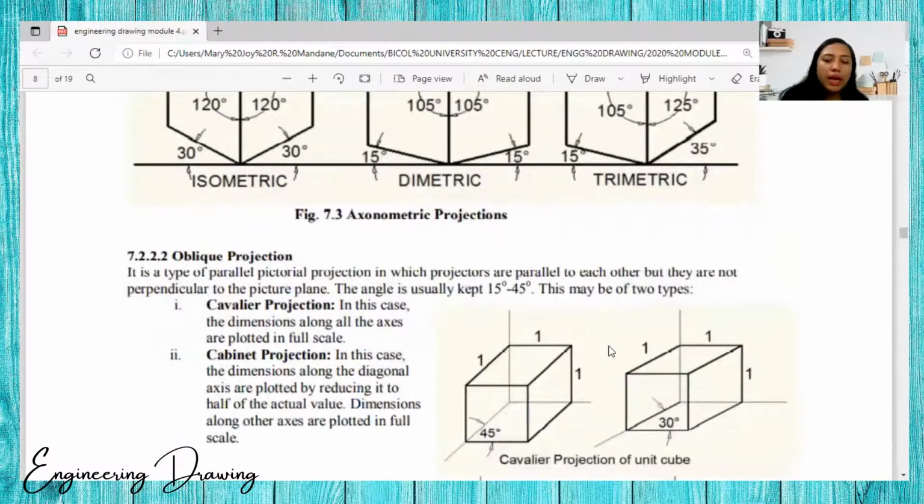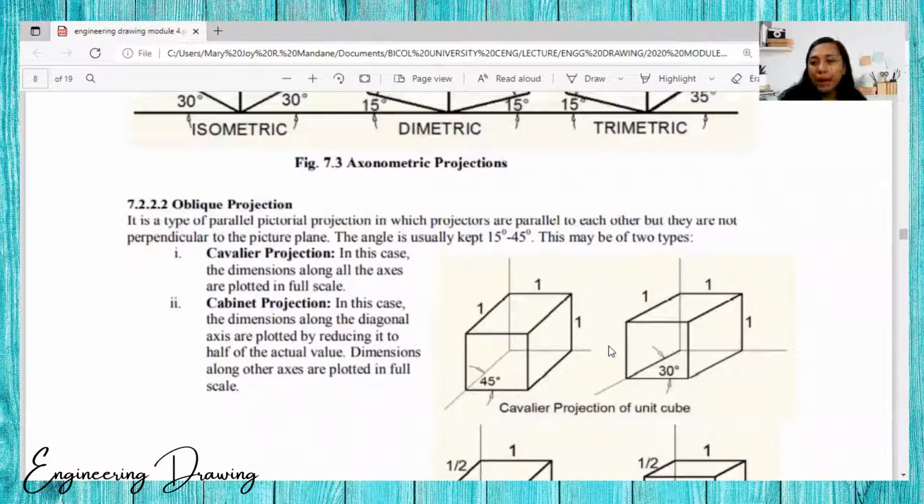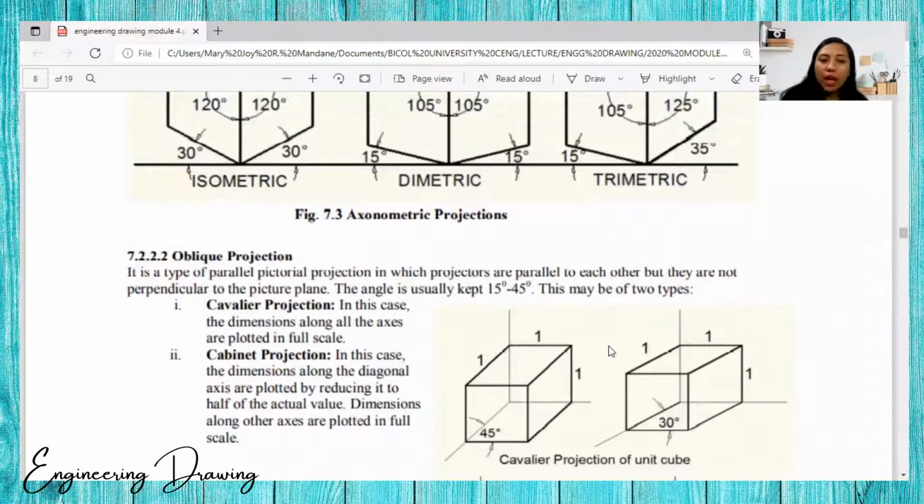Okay, so let's learn about the oblique projection. When we say oblique projection, we have two types, the cavalier and the cabinet. The oblique projection is a type of parallel pictorial projection in which projectors are parallel to each other, but they are not perpendicular to the picture plane.